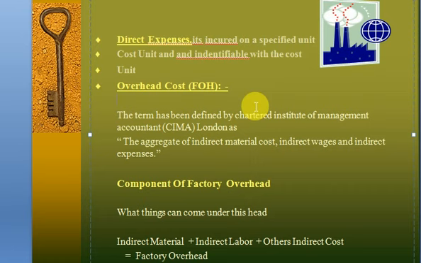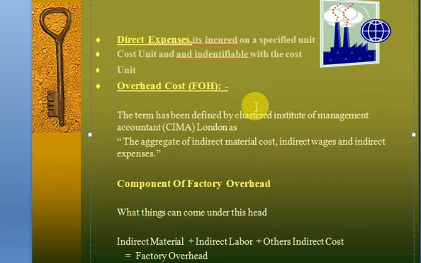Another example is cost of special layout. We make a special layout for a specific work, let's suppose for producing some goods. Those special layout payments come in the direct expenses category.